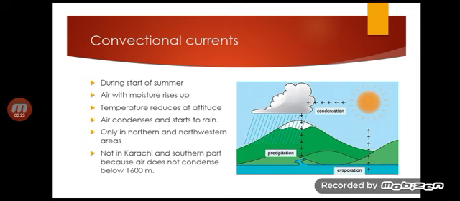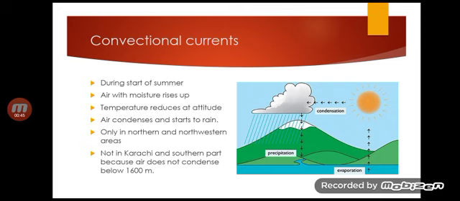These types of rains actually start at the start of the summer. We have already established in our previous lectures that land and ocean absorb heat at different rates. Land heats up quickly and ocean takes time to heat up. So the land heats up and it heats up the air as well.